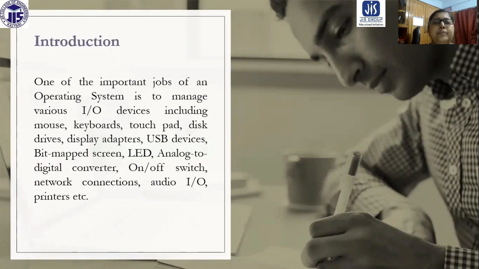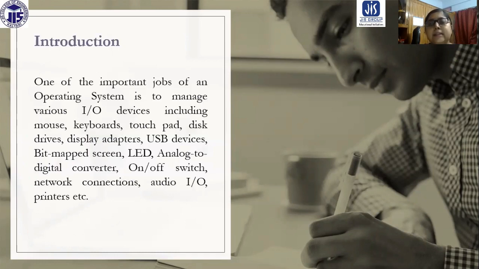There are also USB devices, LED, and for some purposes we require an analog to digital converter. Whatever gives input to the system is an input device, and whatever takes output from the system is an output device.